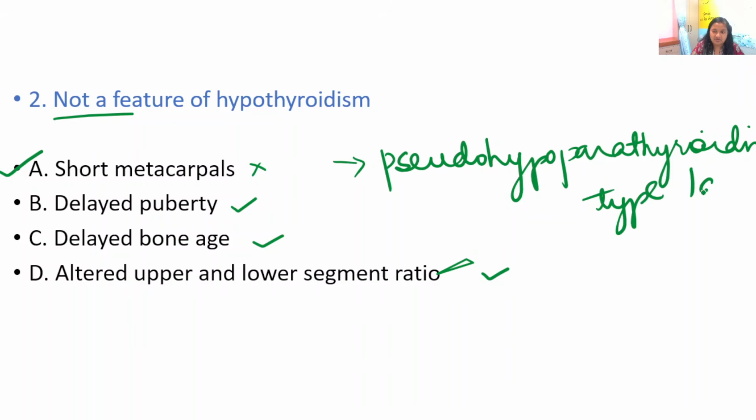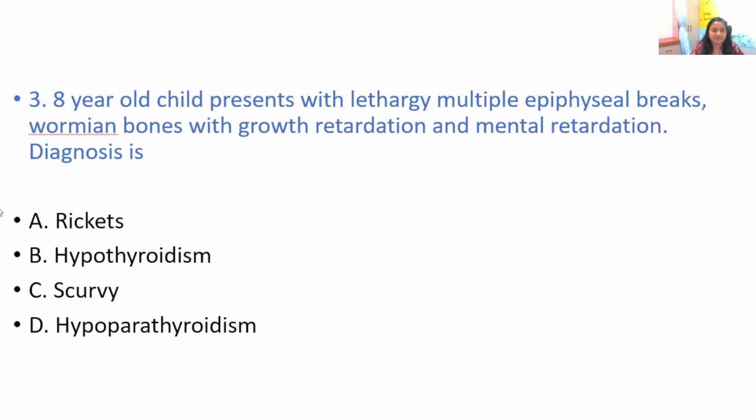Fourth and fifth metacarpals are short in pseudohypoparathyroidism type 1A, and this is not a feature of hypothyroidism. Delayed puberty, delayed bone age and altered upper and lower segment ratio are all features of hypothyroidism.